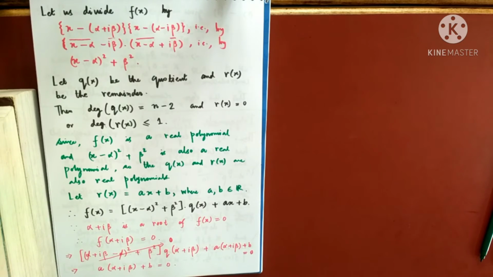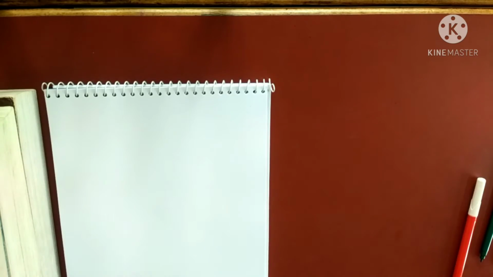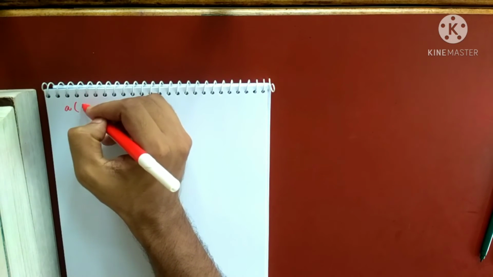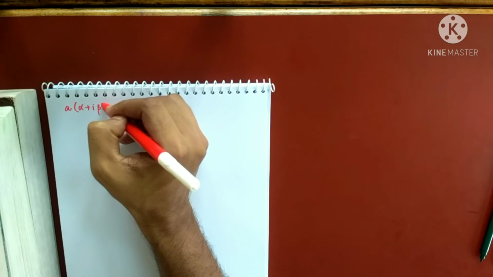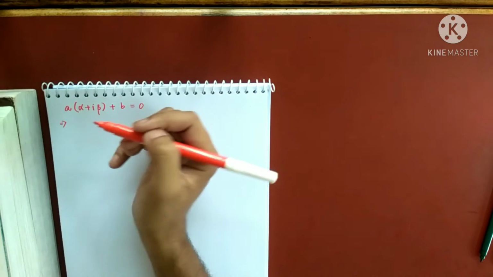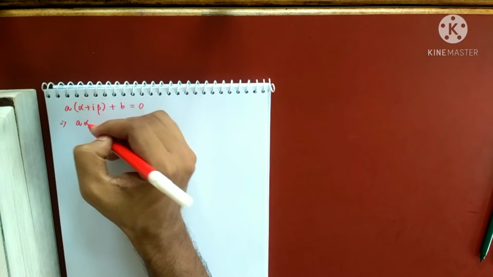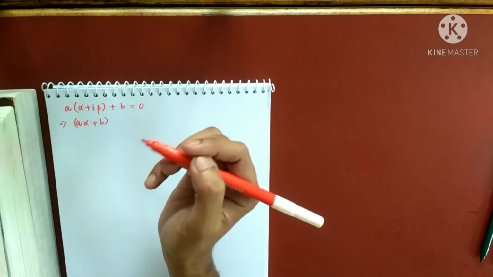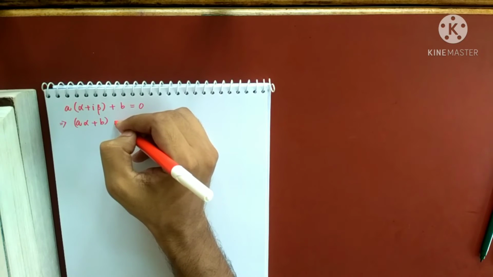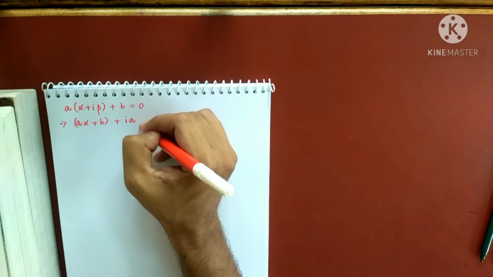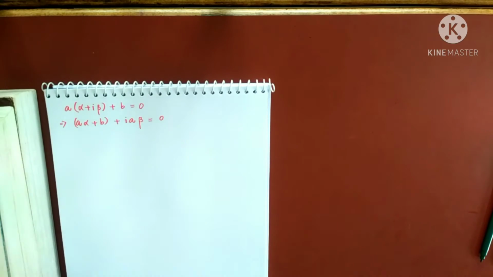Take a note of this and then we'll proceed to the next page. The last expression we got was a into alpha plus i beta plus b equals 0. So the left hand side is just a complex number. Let's write this complex number in the standard form. Taking all the real parts together, a alpha plus b is the real part, plus i a beta is the imaginary part.